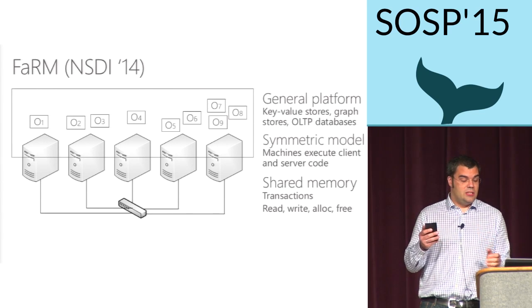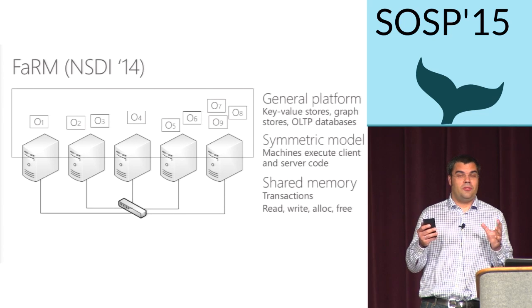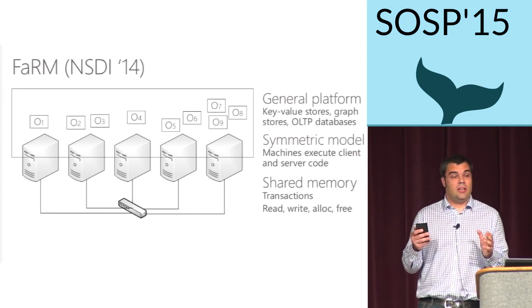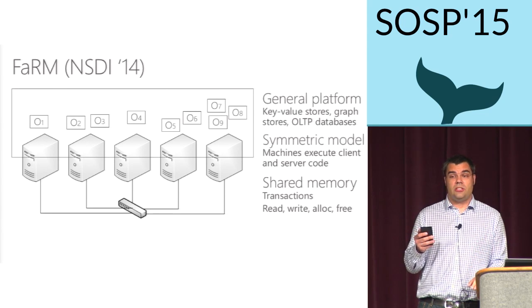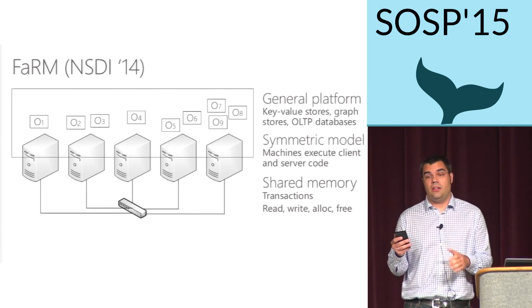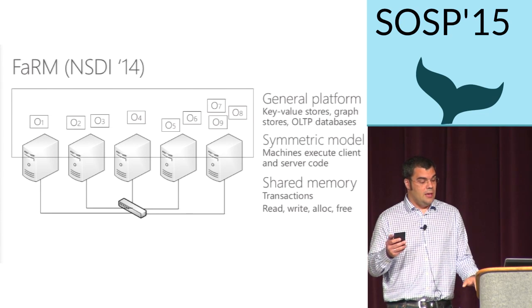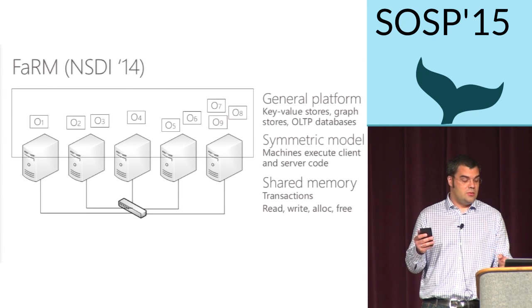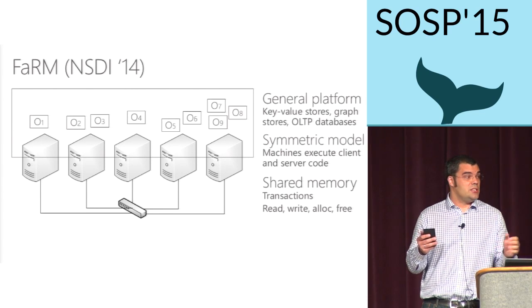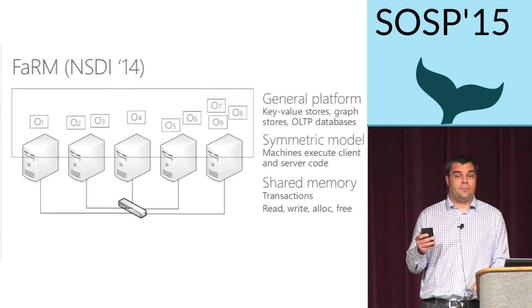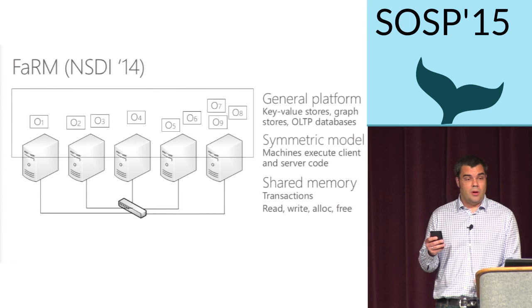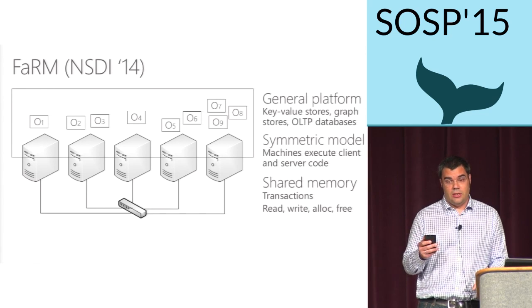FARM represents the memory of the whole cluster as a shared address space, and the applications basically can operate on this shared address space by executing transactions that allocate, deallocate, read and write objects in it. And you can think of these objects as small objects with several tens to hundreds of bytes, so typical object sizes for the applications that we have in mind. Okay? So in the rest of the talk, when I talk about transactions, I'm going to be talking about transactions in this context.